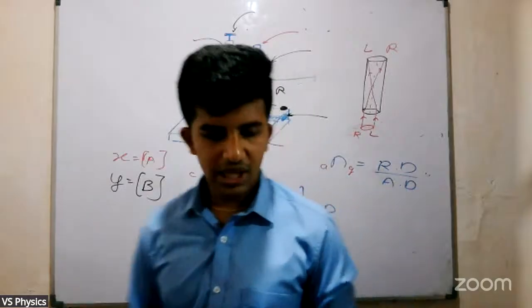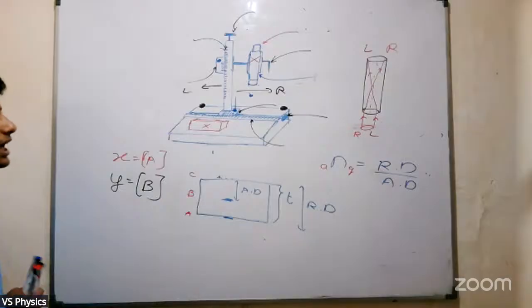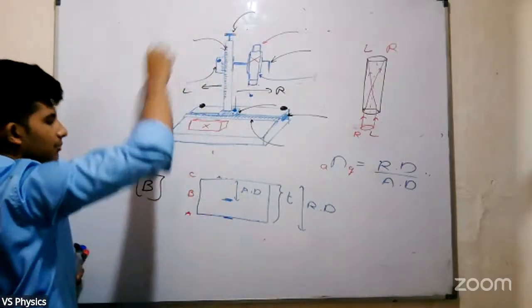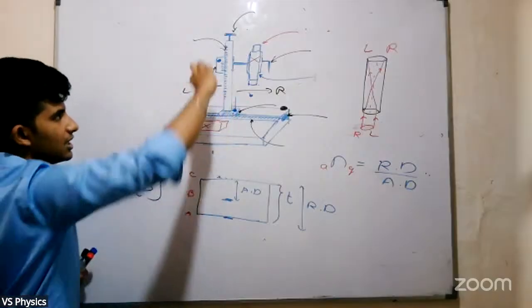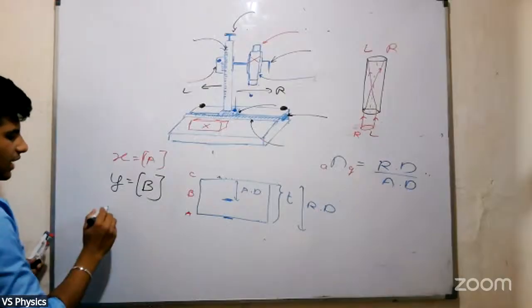Then we put lycopodium powder on top of the glass block. And finally, in the same way, remove the lock screw, move it up until you see some sort of image, lock it, and then use the fine adjustment to get the final reading.